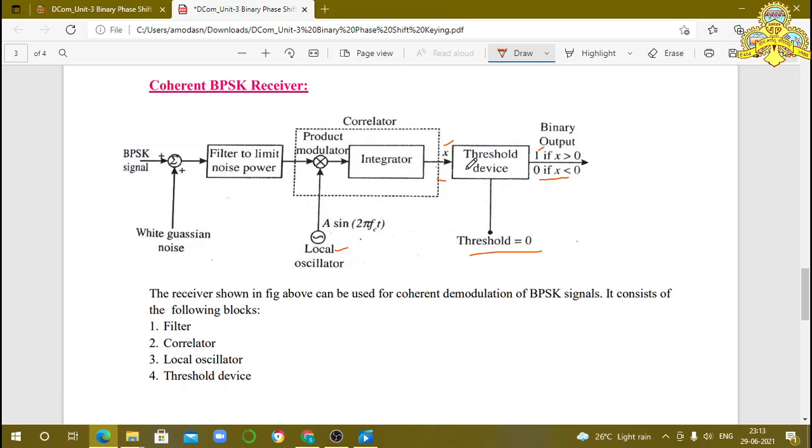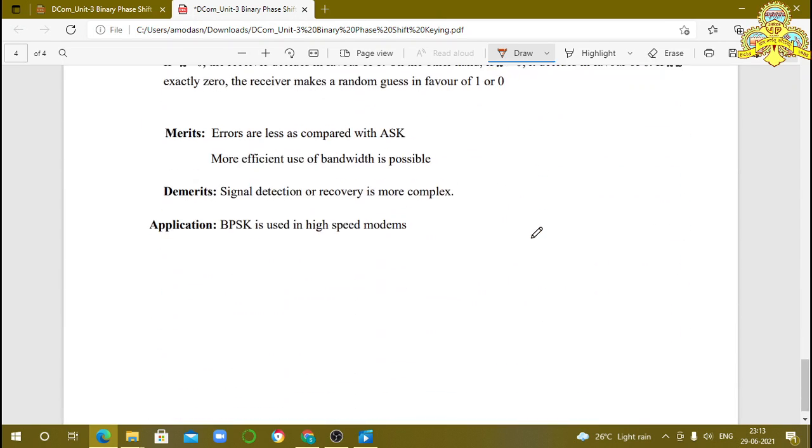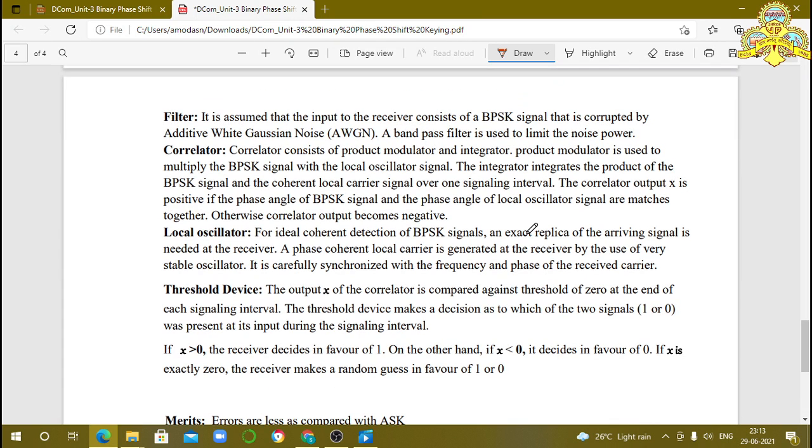If X is exactly equal to 0, the receiver makes a random guess: the output of the threshold device may be 0 or 1. If X is greater than 0, the receiver decides in favor of binary 1, and on the other hand, if X is less than 0, it decides in favor of binary 0. If X is exactly equal to 0, then the receiver makes a random guess. There is no particular value of 0 or 1. It's a random guess in favor of binary 1 or 0.